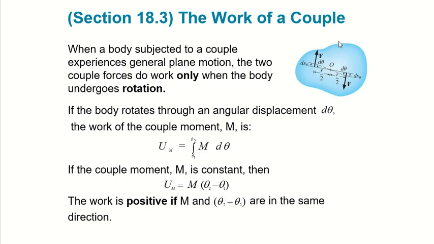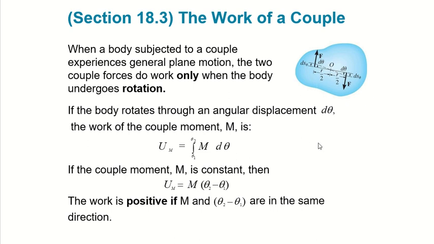So if this body is rotating through an angular displacement, it's a change in your theta every time you deal with the angle. The symbol is theta. This is just showing you there's a change, meaning a displacement. Your angle is changing from one place to another. So if you want to know the change in angle, we usually write it this way, and we call that the displacement.